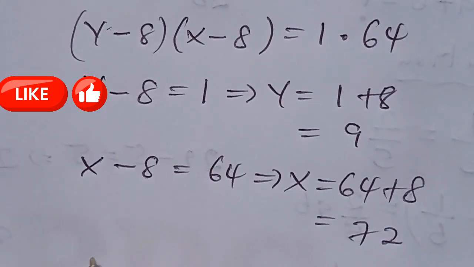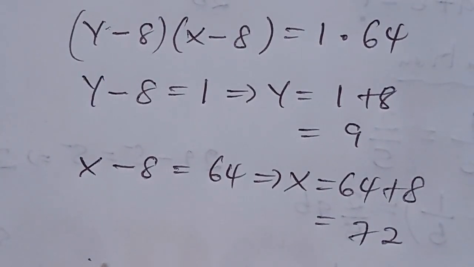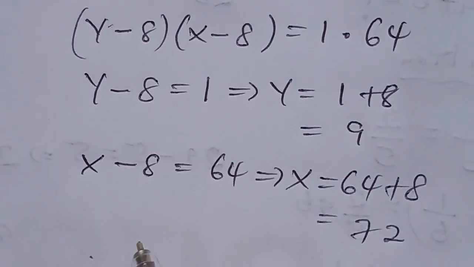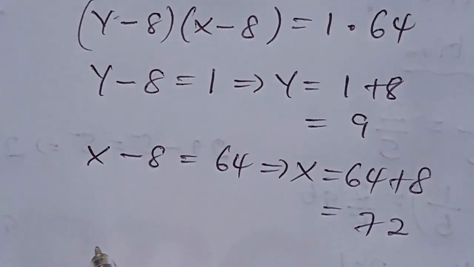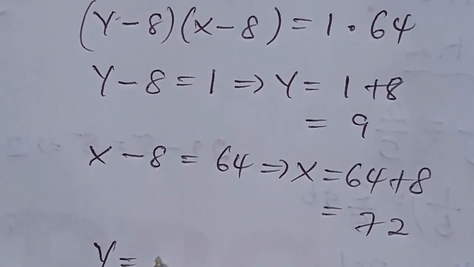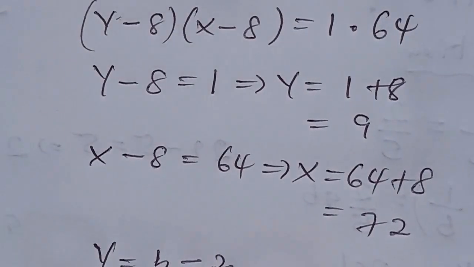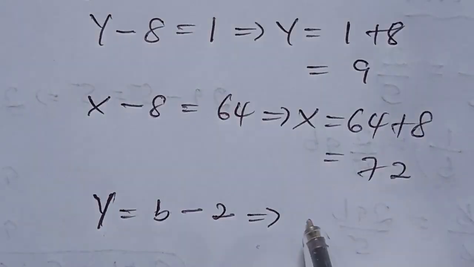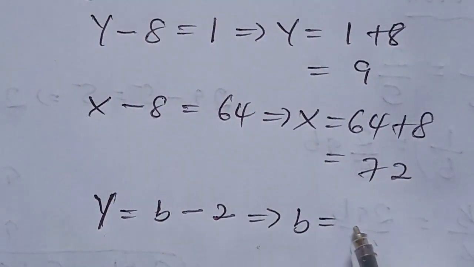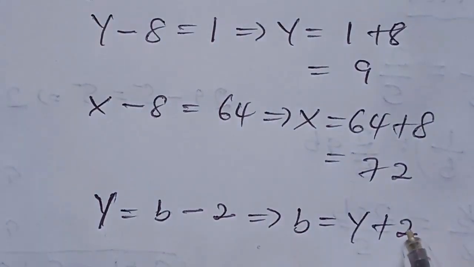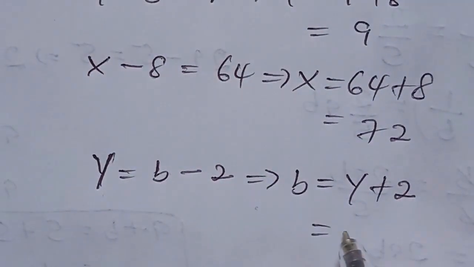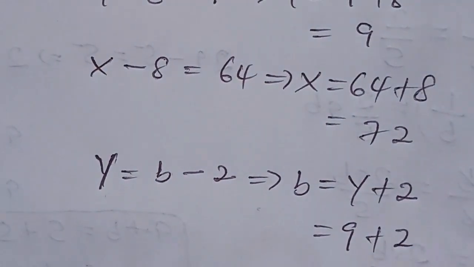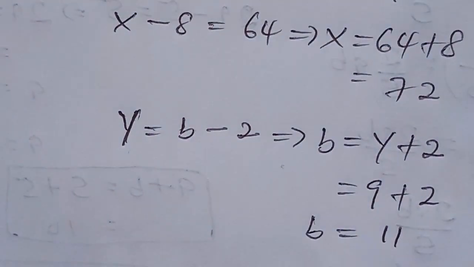So from y equal to b minus 2, b is equal to y plus 2. Substituting the value of y, we have 9 plus 2 is equal to 11 for b.